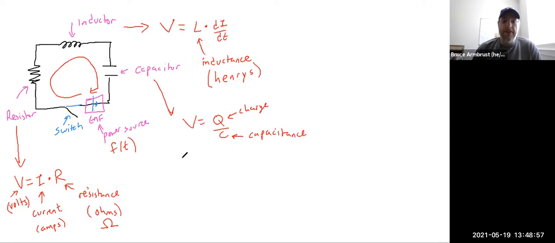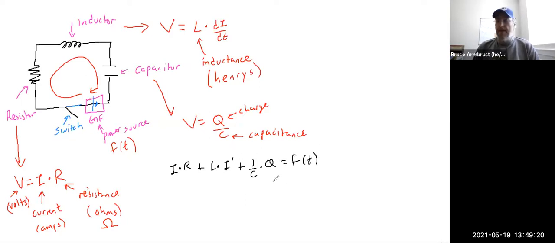Over the resistor, we get I times R. Over the inductor, we get L times I prime. Oh, look, differential equation. Plus 1 over C times Q is going to equal f of t.